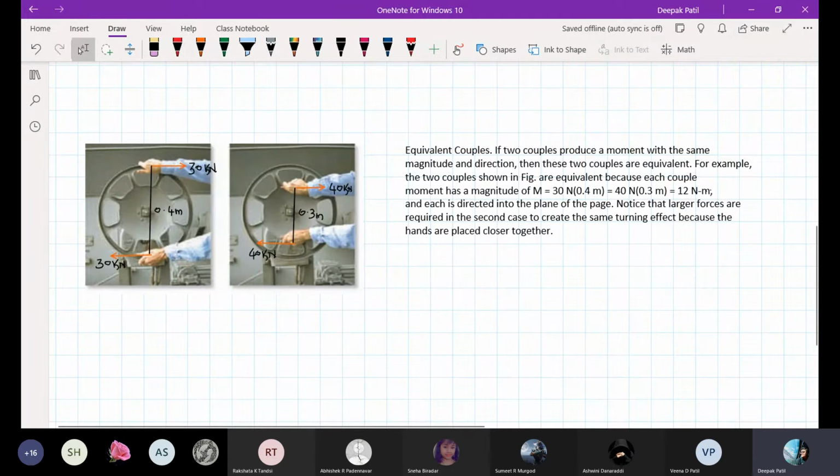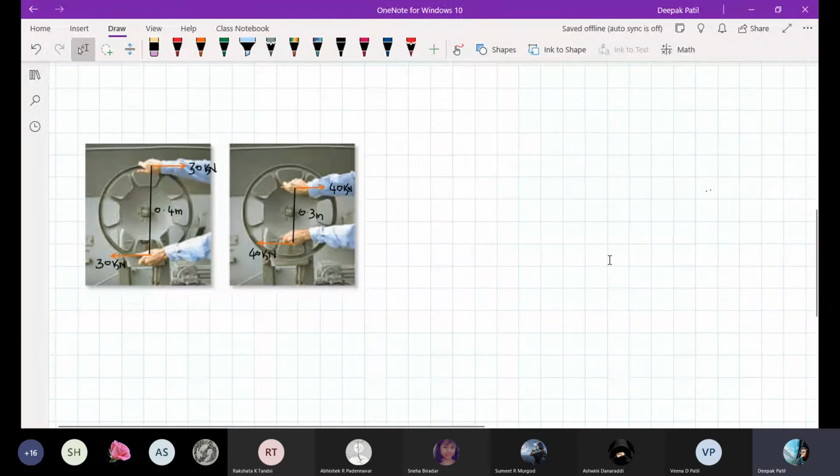But the difference is that earlier it was 0.4 meters. Now his hands are a bit closer to each other, and the distance is 0.3 meters. So will the moment of the couple in both cases be the same or different?